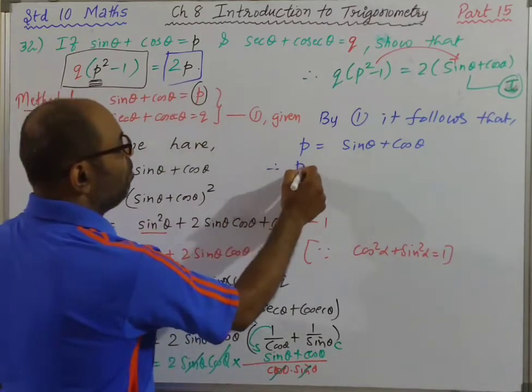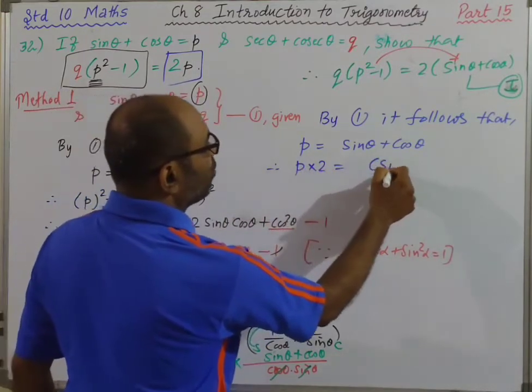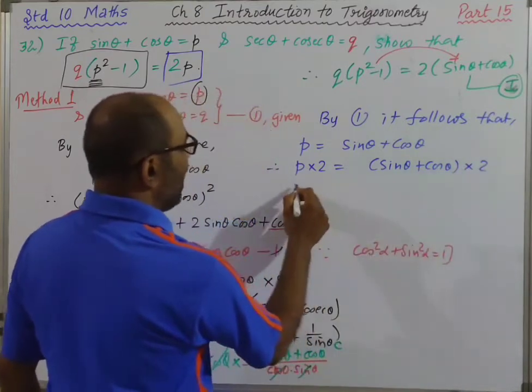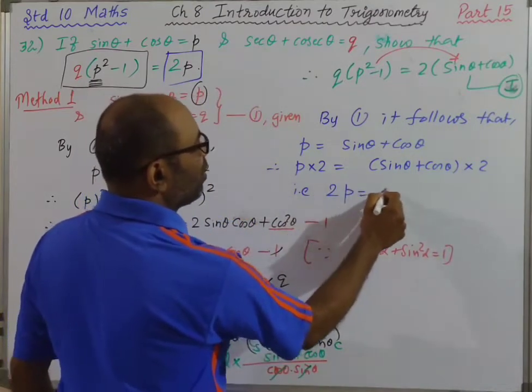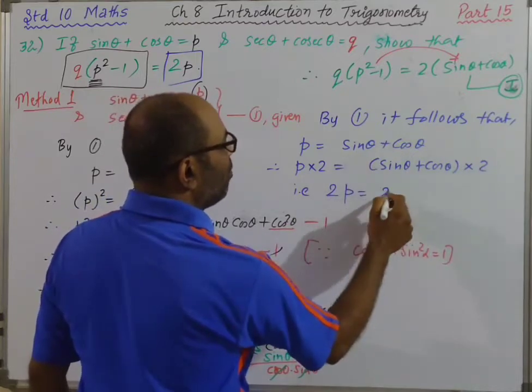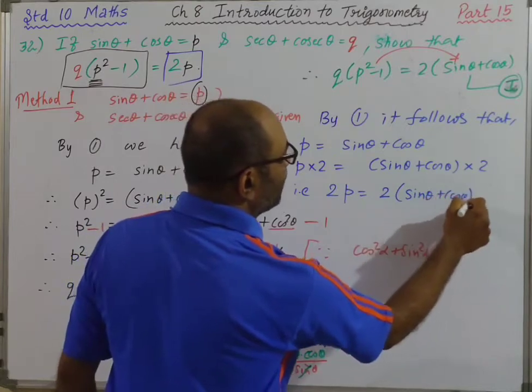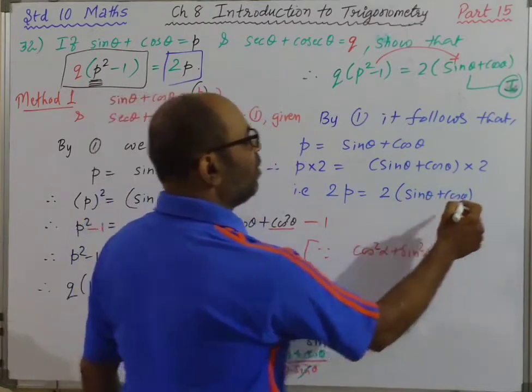So therefore, p into 2 is equal to sine theta plus cos theta multiplied by 2, i.e. 2p is equal to 2 आगे लिखते हैं, मोनोमियल है, सिंगल टर्म, और ये बाइनोमियल sin theta plus cos theta. उसके आगे कोई सिंप्लीफिकेशन पॉसिबल नहीं है.